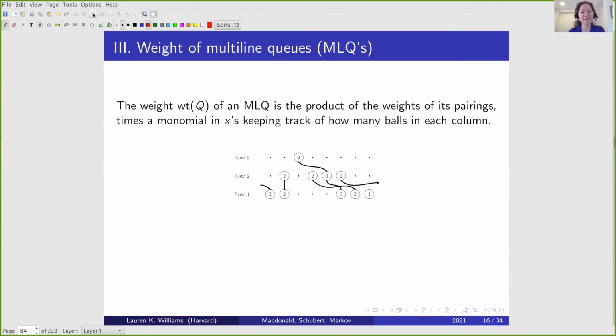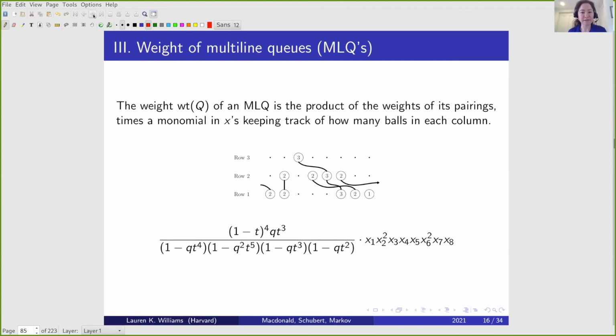Okay, so now the weight of a multiline q is the product of the weights of all of its pairings times a monomial in x's that just keeps track of how many balls are in each column. So the x weight is very simple. The q,t weight here came from the q,t weights associated to all my pairings. And then this x weight here is just telling me how many balls there are in each column.